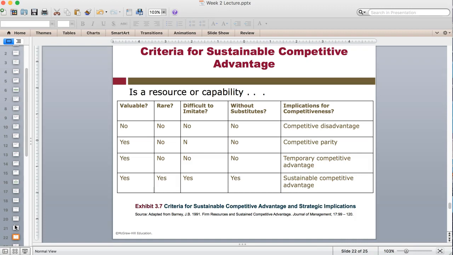And so when we're thinking about strategic management, what you want to think about are things that you can do to get to that bottom row in this chart, that will allow you to create competitive advantage and keep it over the long haul.